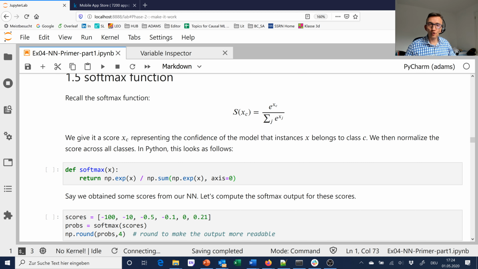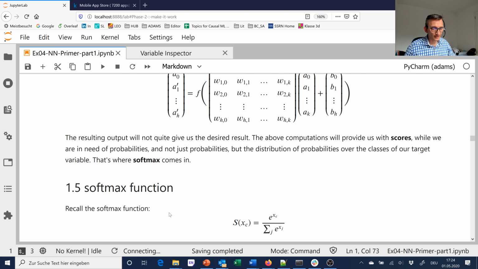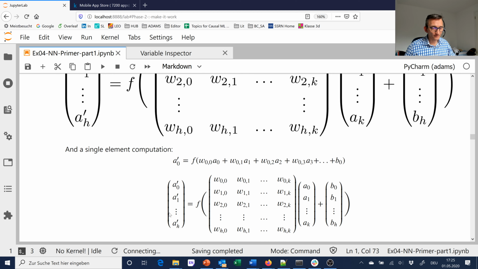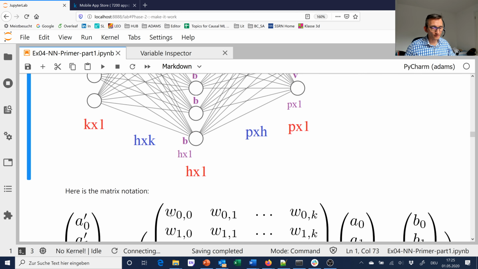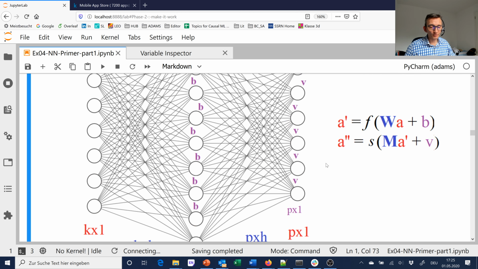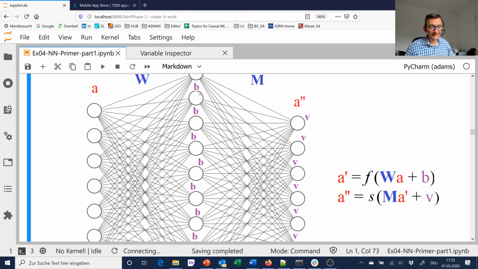Let me quickly go back, I think the picture is most helpful here. The raw output values of our neural network would be the latent features that we produce in the hidden layer, A prime, times weights plus bias. That's the raw output, the score. And we would obtain one output score for each of the output layer units, 6 in our app rating case.